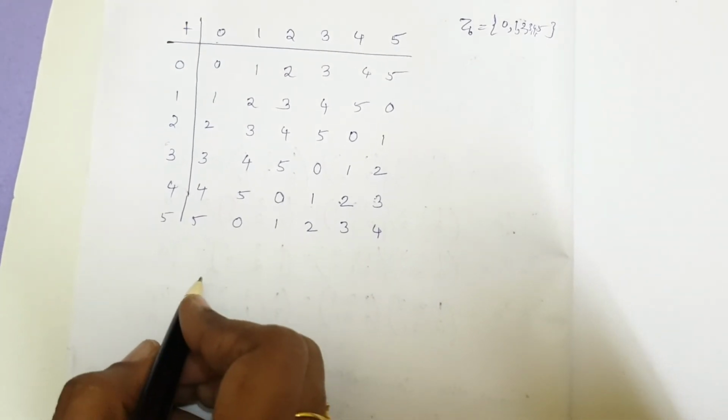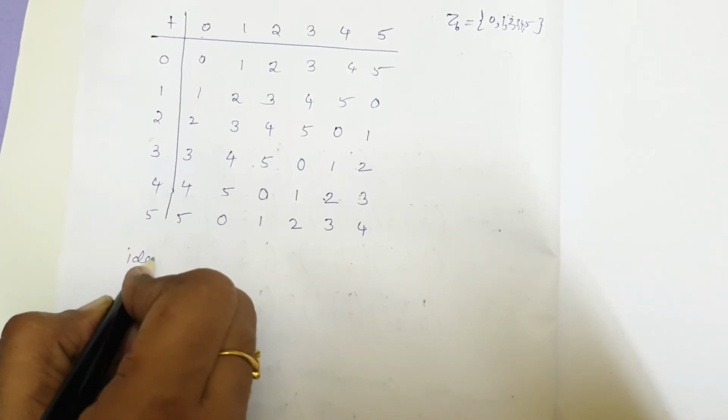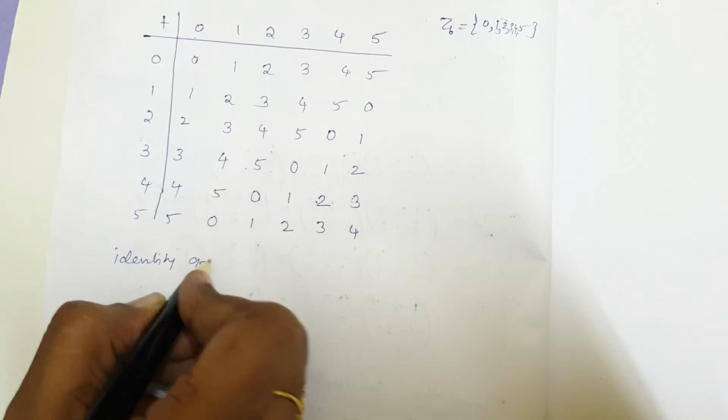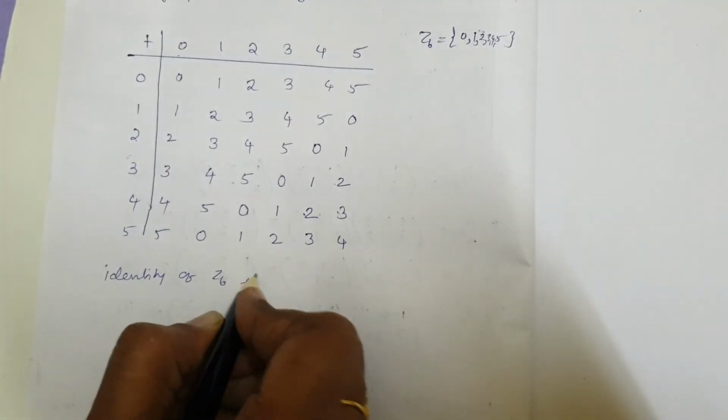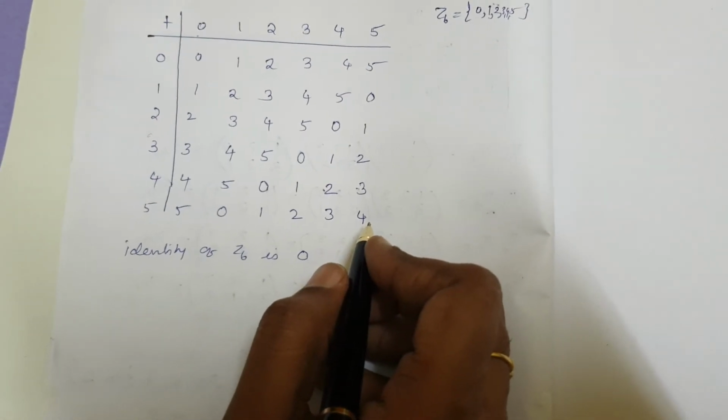Since the identity of Z6 is 0, the inverse of elements of Z6 is as follows.